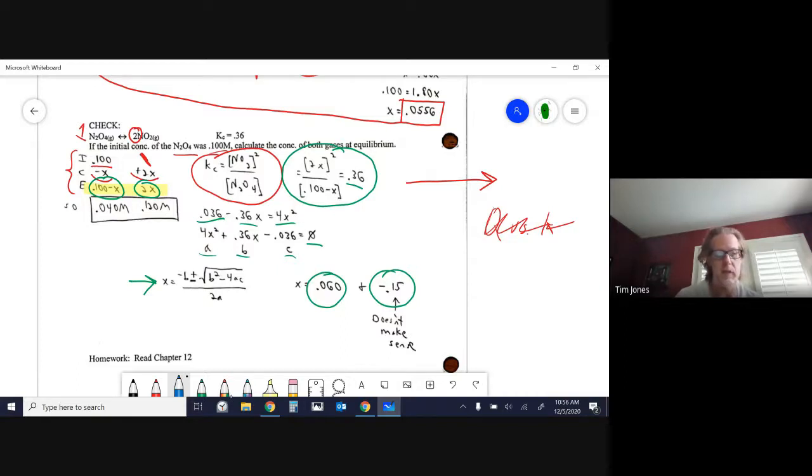That doesn't make any sense, so we can't use that one. If you plug in 0.060, you get that the reactant went down from 0.1 to 0.04. The product went from nothing to 0.12. That does make sense, and thus that must be the correct answer. And that actually takes care of this lesson.